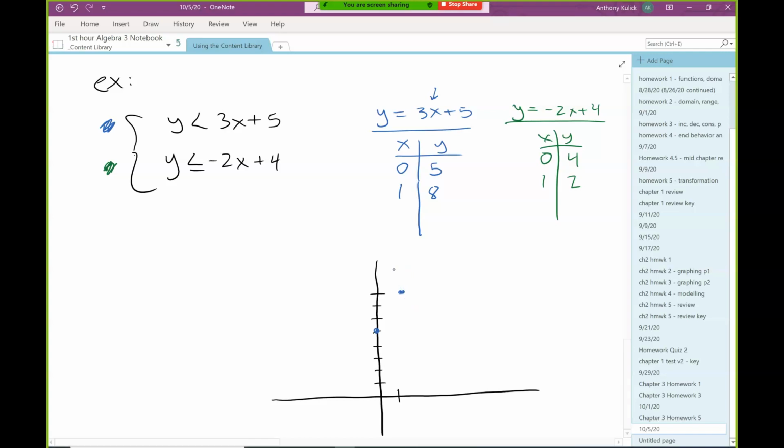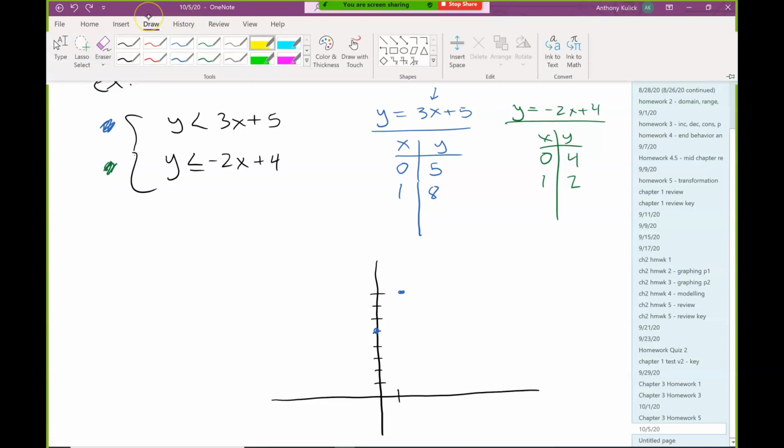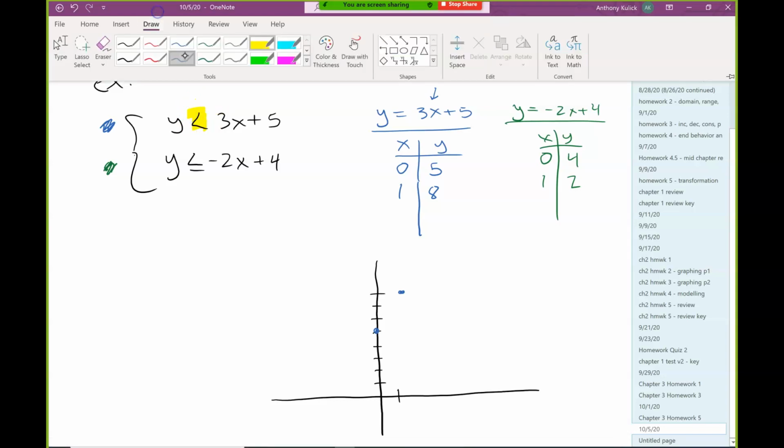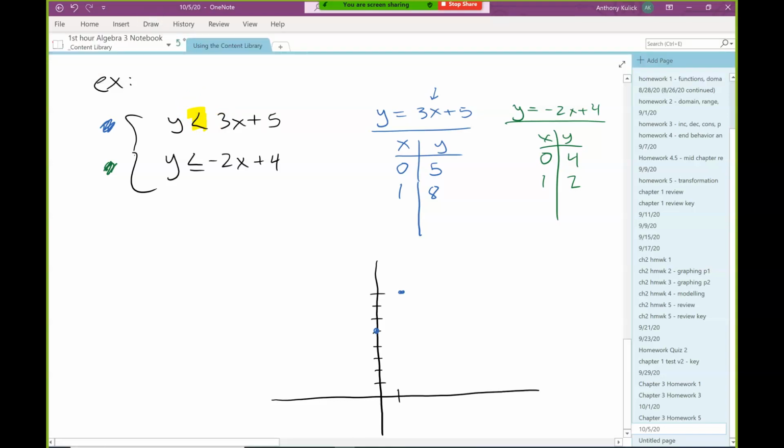And then remember, when I have a strict less than inequality, a solid line or a dashed line? Dashed is correct.